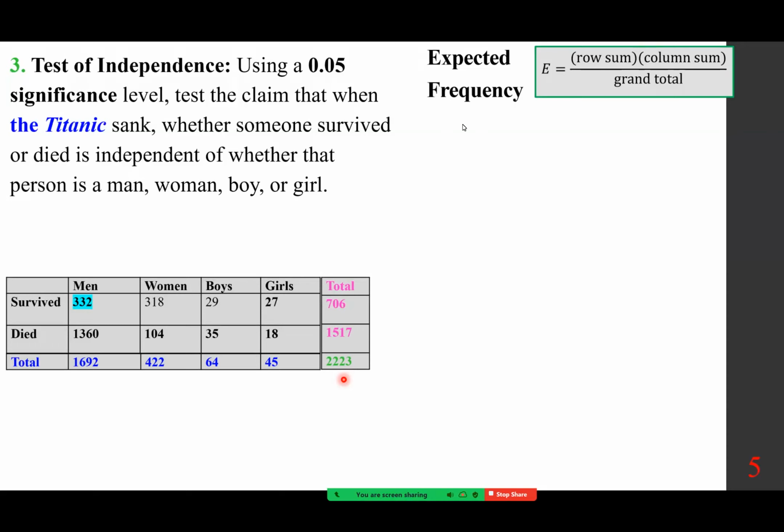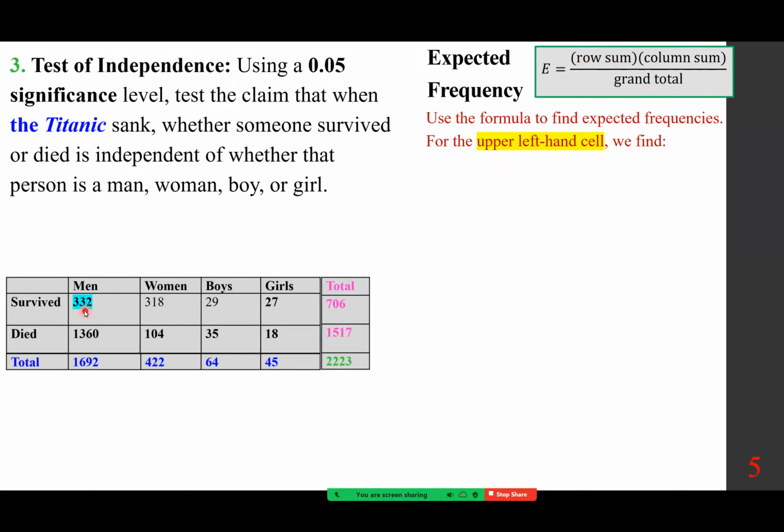The expected frequency is defined as the row sum times the column sum divided by the grand total. So use the formula to find expected frequencies for the upper left-hand cell. Specifically, I'll show you the work for one of them and the rest of them repeat.